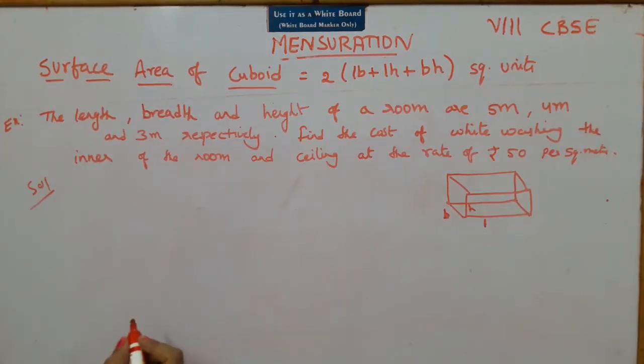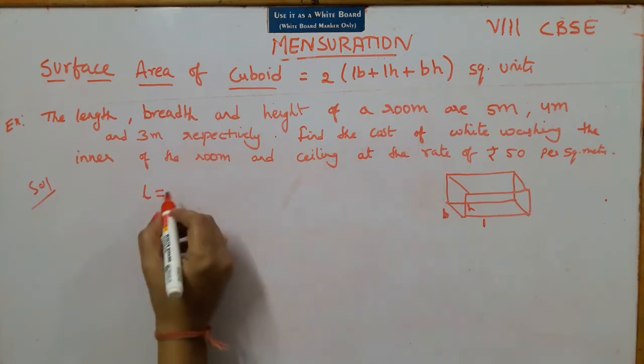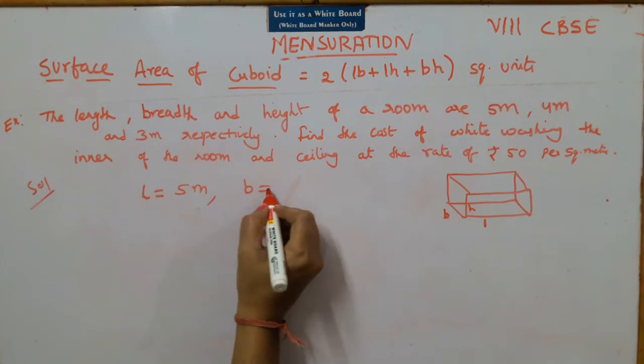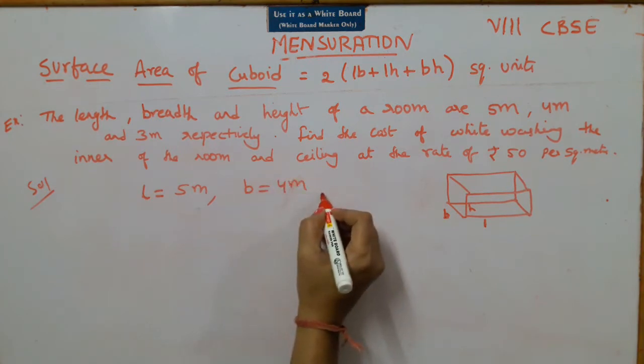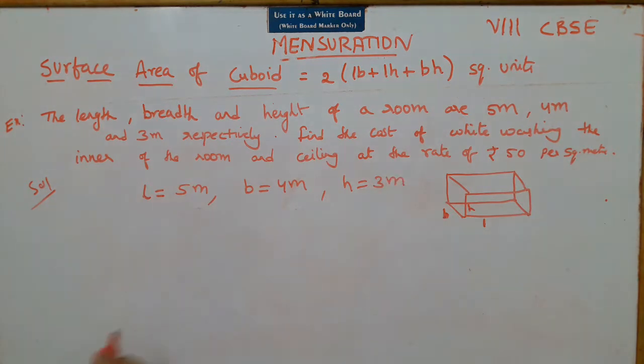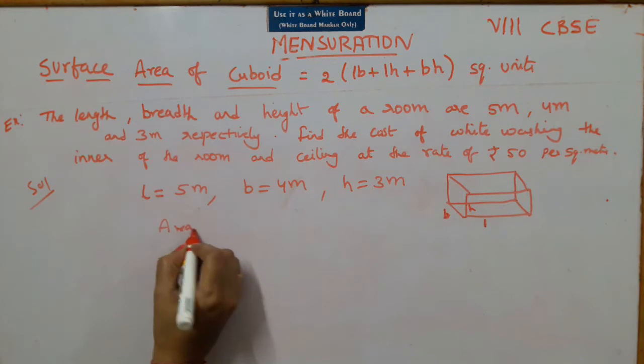So length is given, L is equal to 5 meter, breadth is given 4 meter and height is given 3 meter. So put these values in the formula.